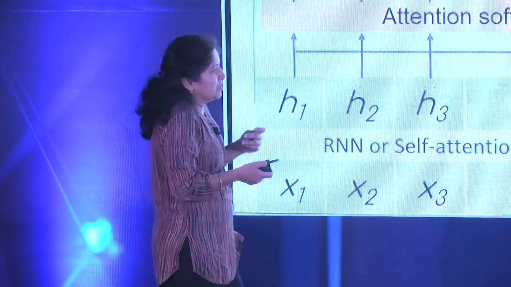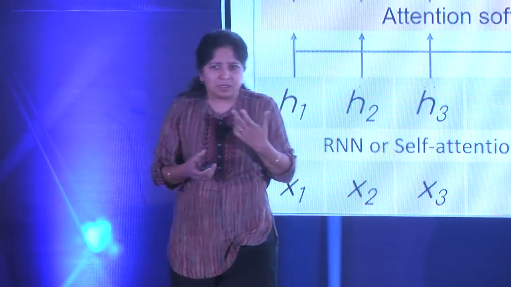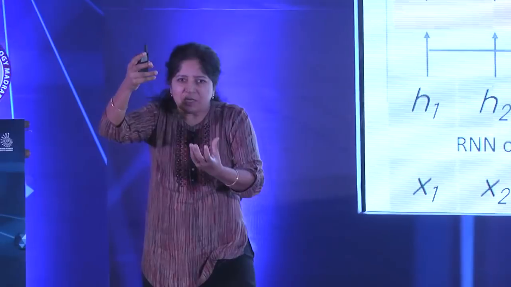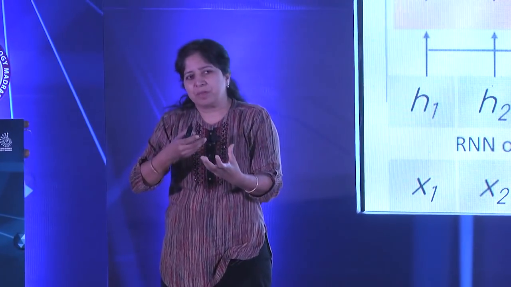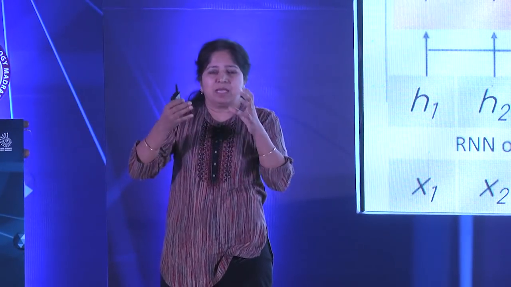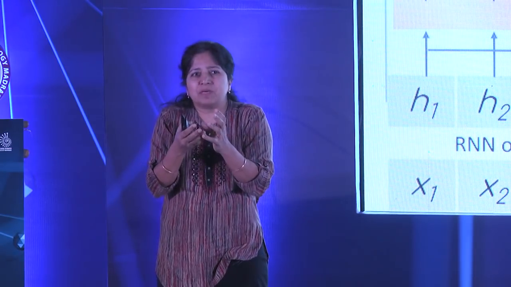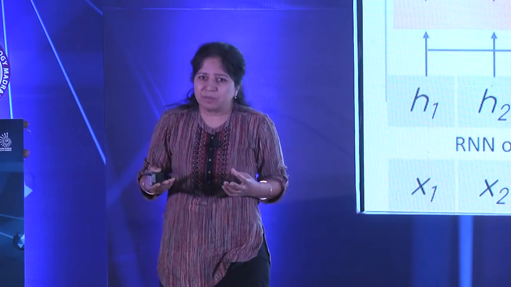Because attention is about the alignment between the input and the output, you expect the alignment distribution to somehow be a function of both the input and the output.